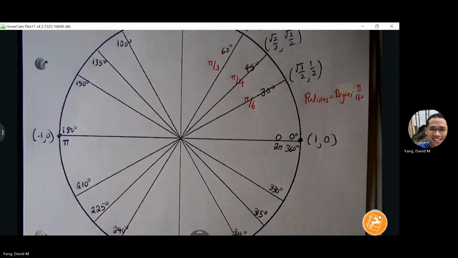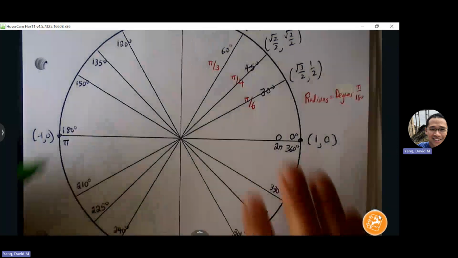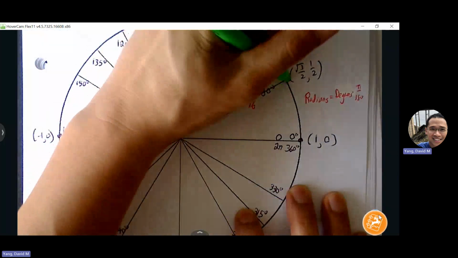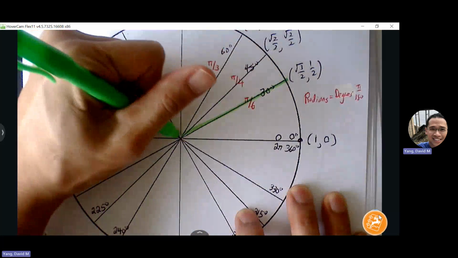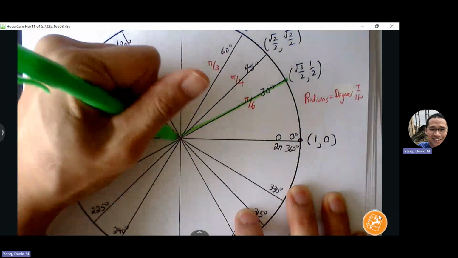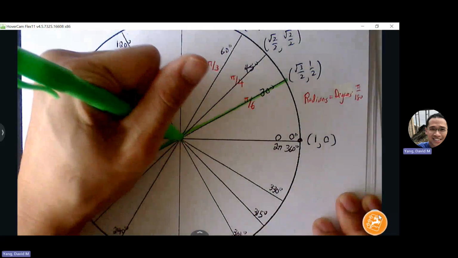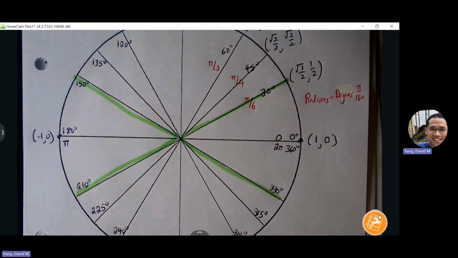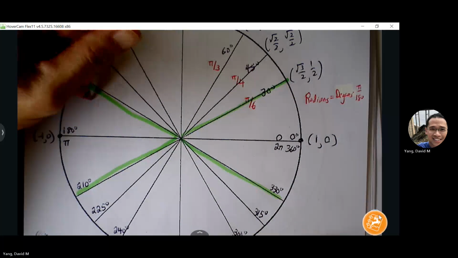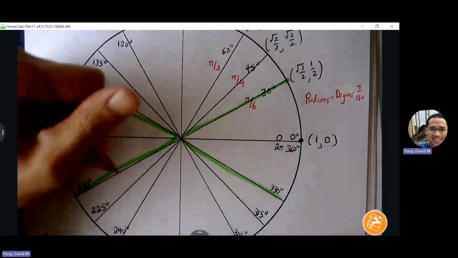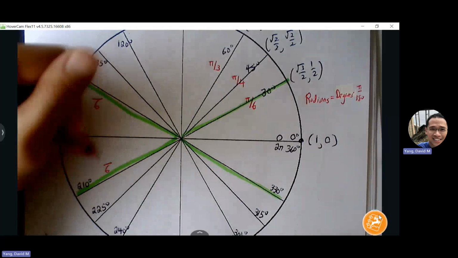So I feel like maybe this is one way to help remember where all the radian measures are. All the ones that are closest to the x-axis all have a denominator of 6. So I know it's going to be something over 6.